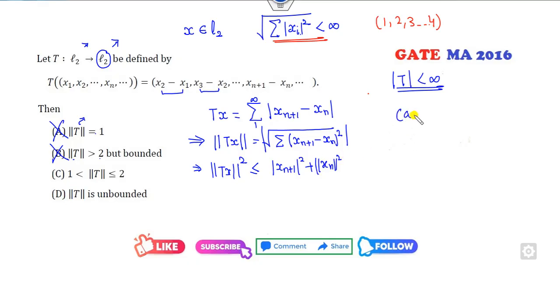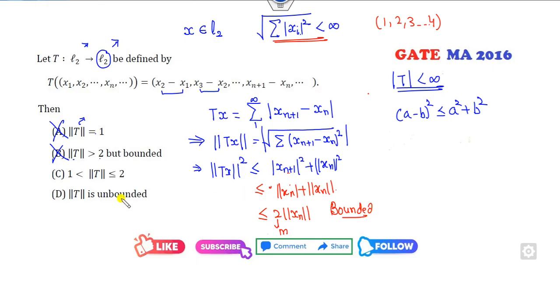Why? Obvious that this number should be less than a square plus b square. Fine. So this number is, because it's finite, I can say it's norm of xn plus norm of xn. Fine. So it is less than 2 norm of xn.